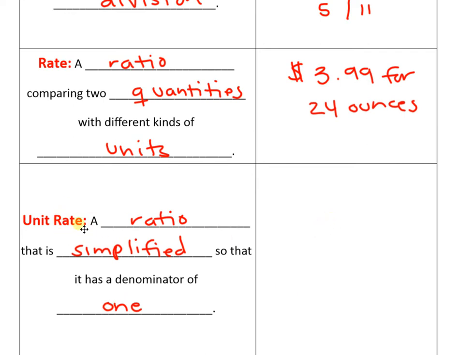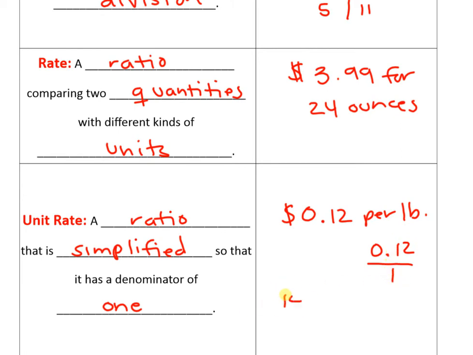And you get the unit rate by calculating the rate. So for example, you would get 12 cents per pound. And if you think about that as a fraction, that would be 0.12 over 1. 12 cents per 1 pound, okay?